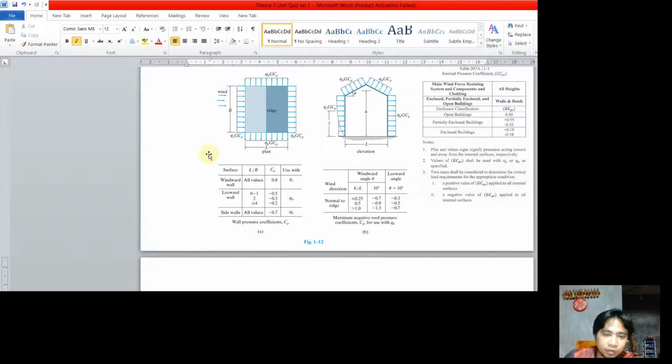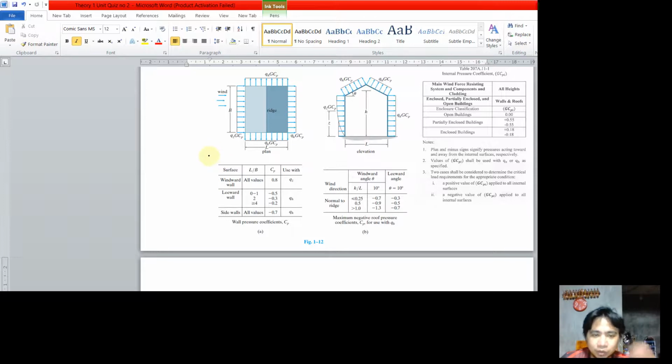We have 1.43, so you cannot find 1.43 between these ranges. Again, we are going to use interpolation in order to come up with the values within negative 0.5 and negative 0.3.